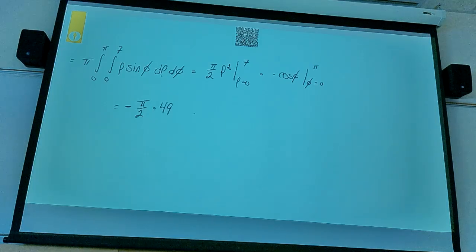Rho squared from 0 to 7, 49. Cosine phi, what is cosine of pi?